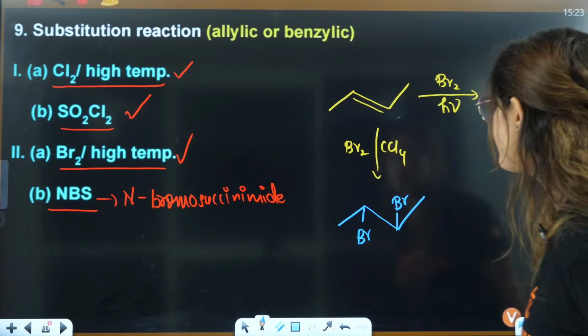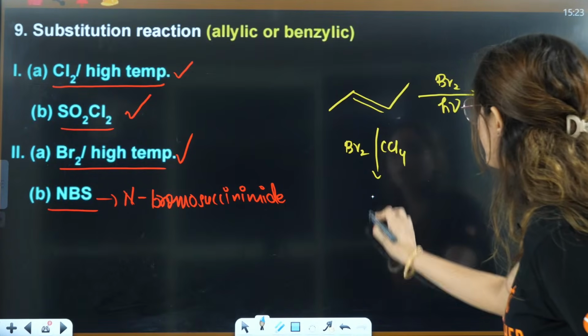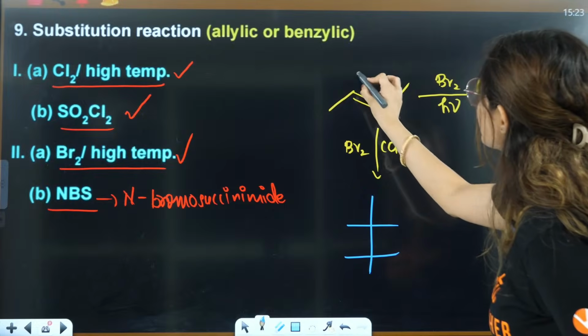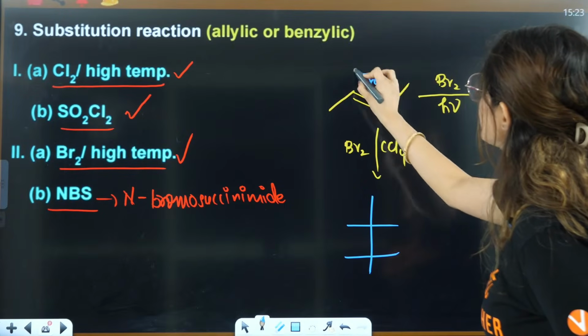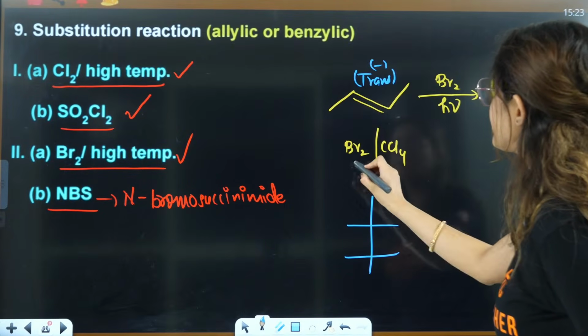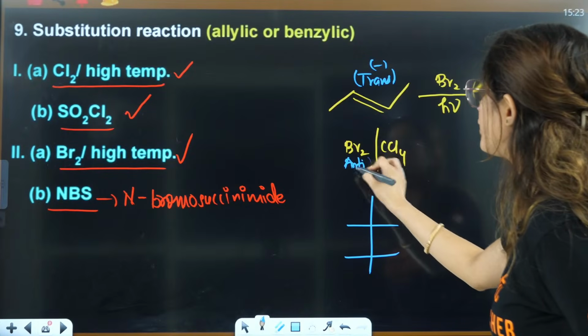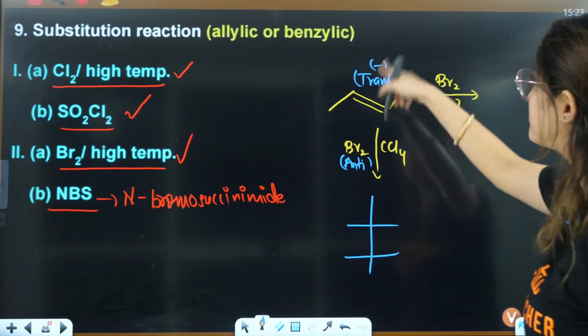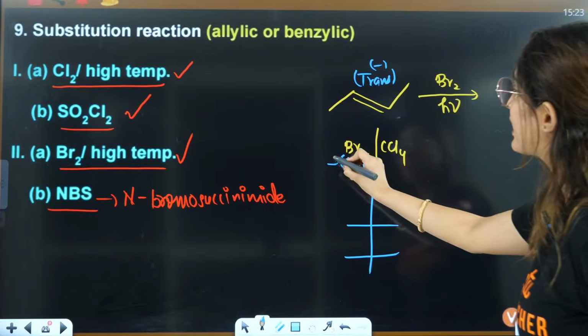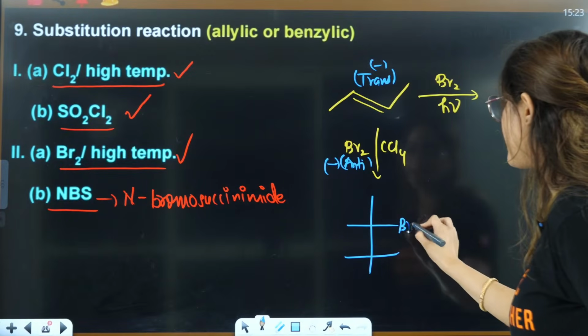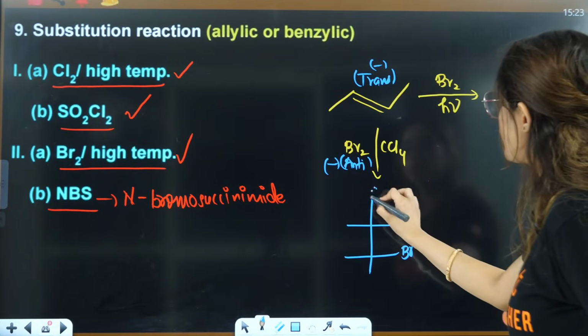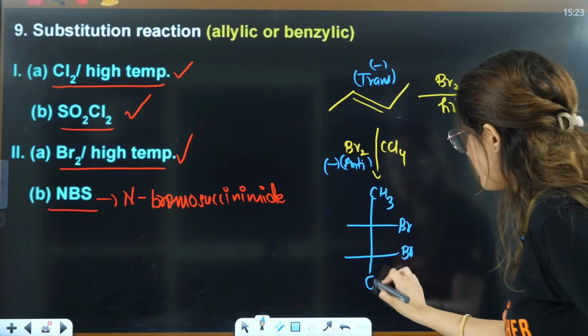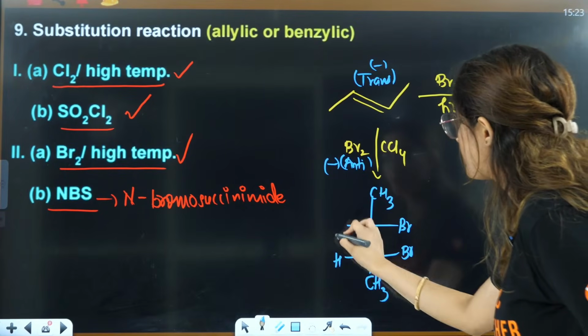Trans and anti will give you the same side. If you remember, this is trans, and this is anti-addition. Trans, anti, this is also negative. Negative, negative will give you the same side, bromine will be added. So here this kind of product will be formed.